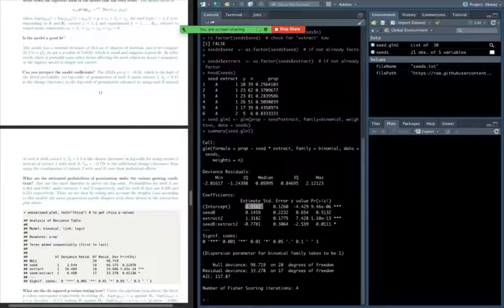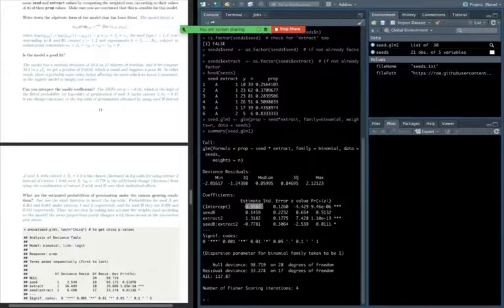The point here, in addition to what I just said, is that any additional parameter is always with respect to this mu, right? So it's an increase or a change in the log odds, rather than an absolute value.